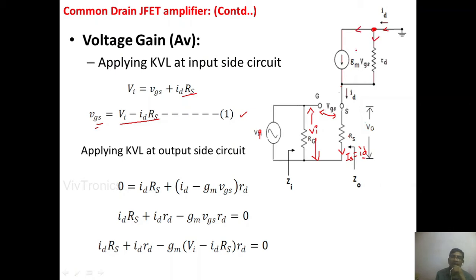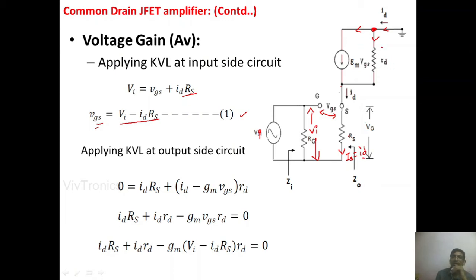One is the gm VGS current and the other is the current flowing in the RD resistor. So in the output side loop, we have to calculate the voltage drop in the RD. Therefore we need the current flowing in the RD resistor.